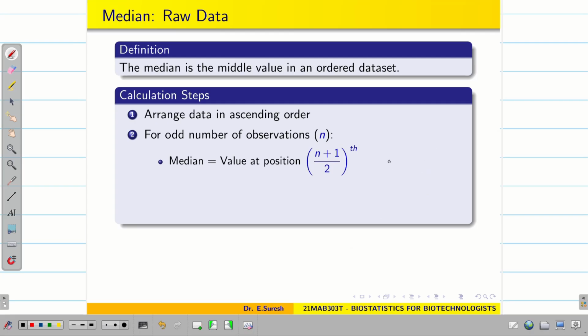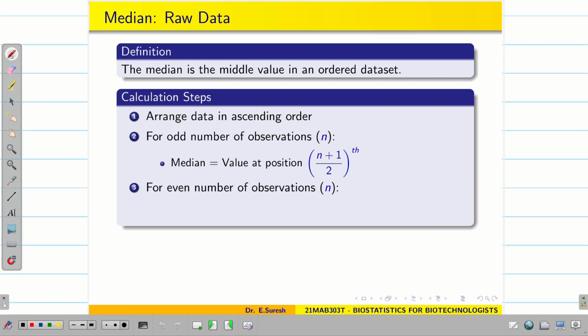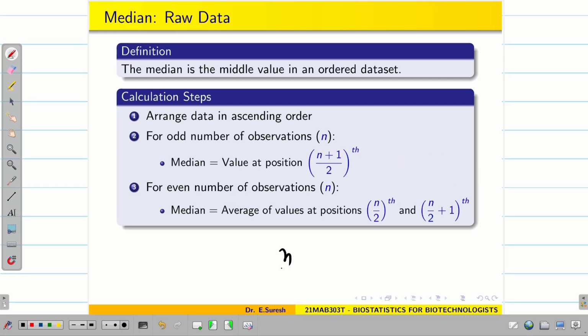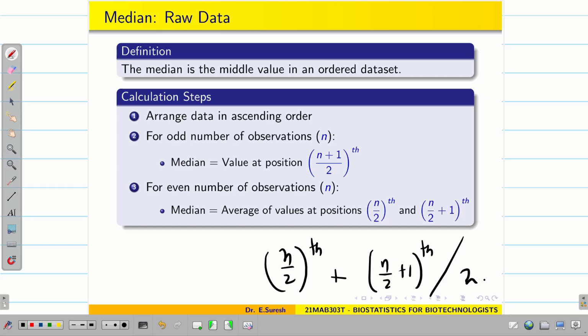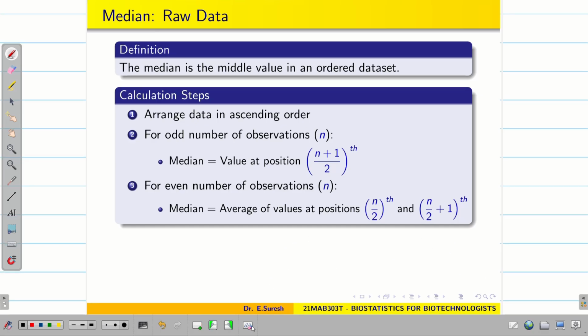If n is odd, then the median is going to be the (n plus 1) by 2th value. If n is even, then the median is going to be the n by 2th observation plus the (n by 2 plus 1)th observation, divided by 2. That is the average of the n by 2th observation and the (n by 2 plus 1)th observation.